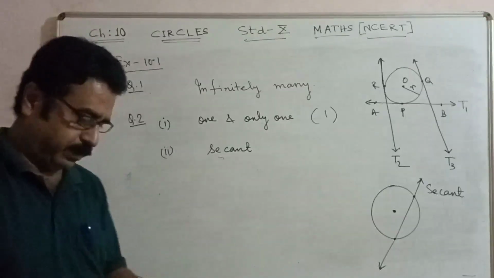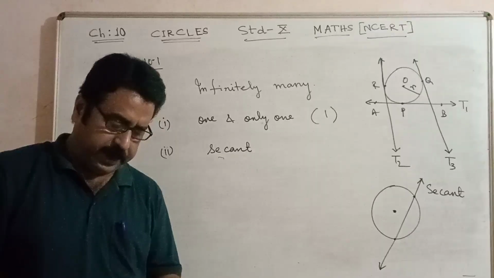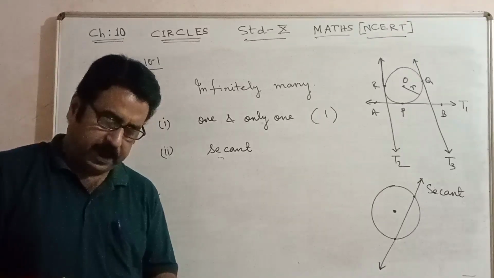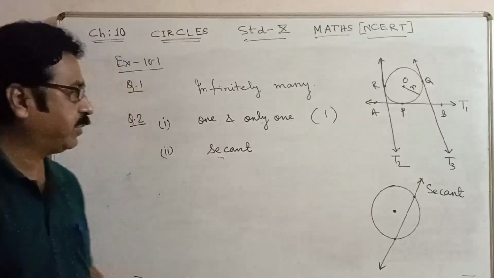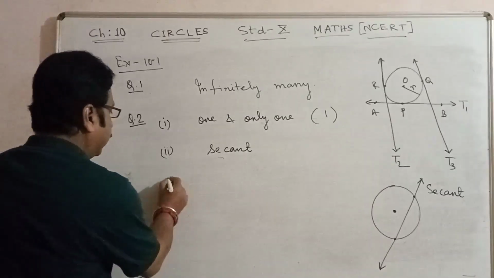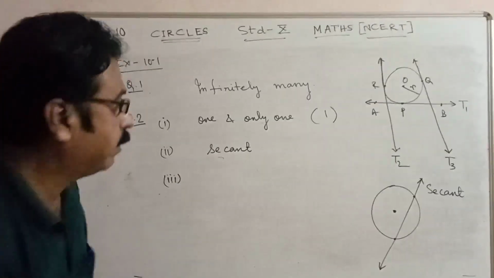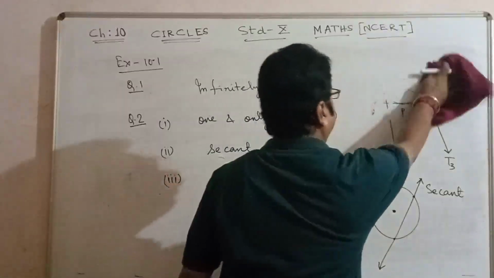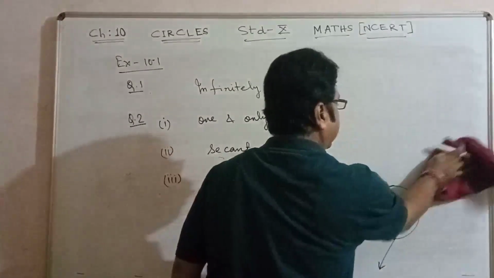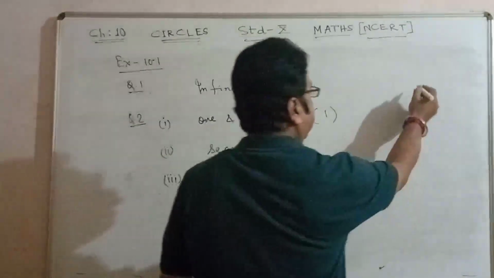Third part. A circle can have dash parallel tangents at the most. Suppose this is a circle.